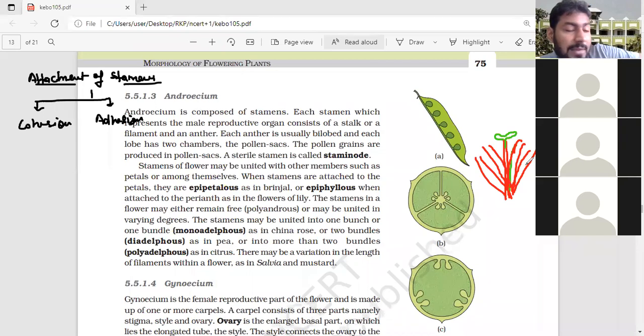Let me give an example. Mercury is the only metal found in liquid form, while all the others are solid. If you put mercury in your hand, it will never stick. Why?